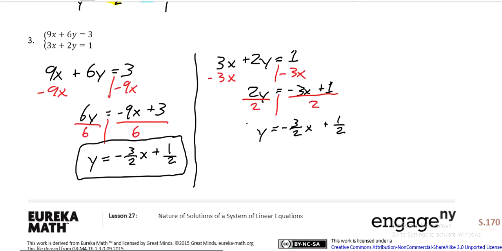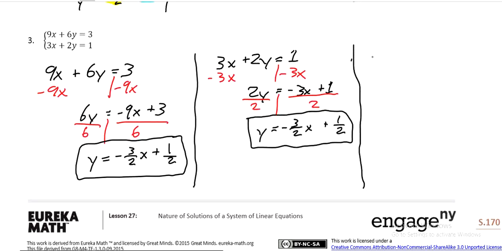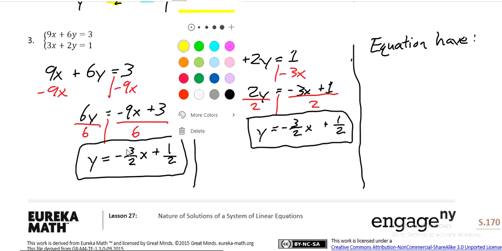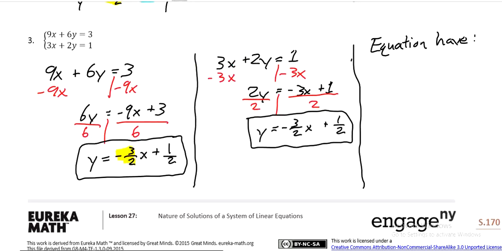So to summarize, let's look. The equations have, checking out the slope first, notice the slope here, negative 3 over 2, negative 3 over 2.